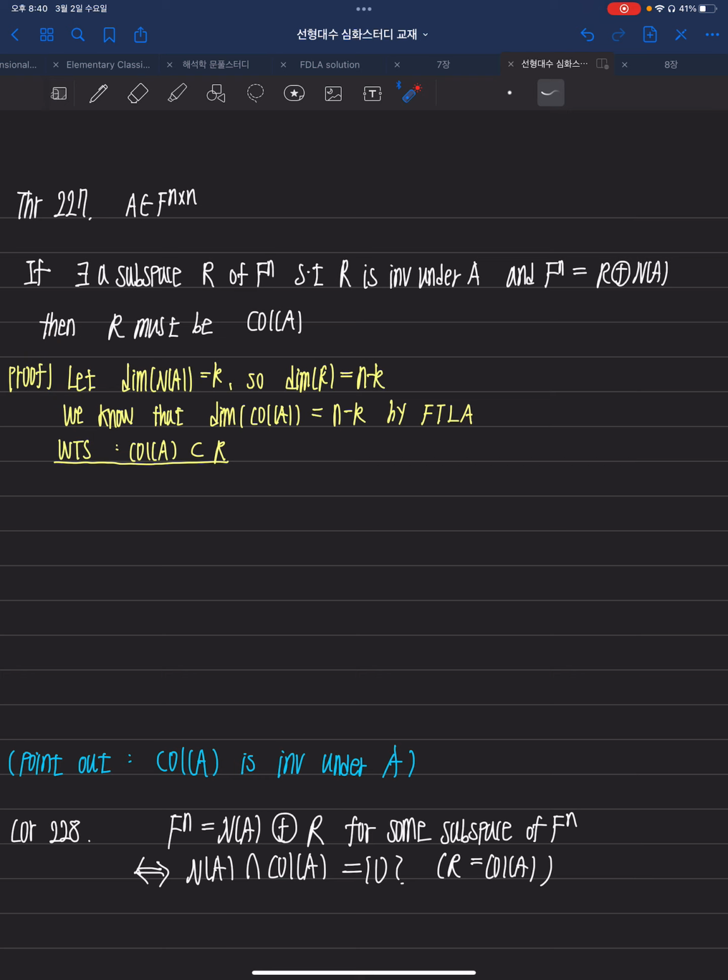Why? Because the dimension of these two spaces is n minus k. Okay? Same. This means if the column space of A is a subspace of R, then the column space of A is equal to R.